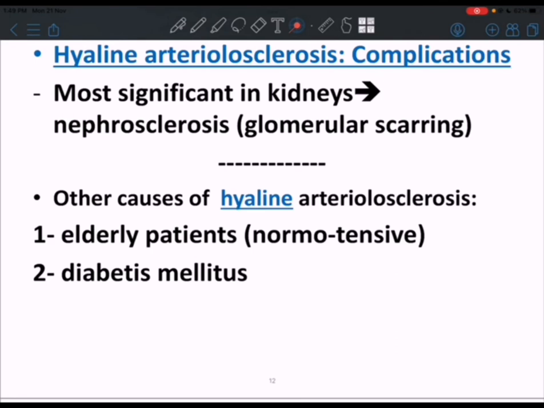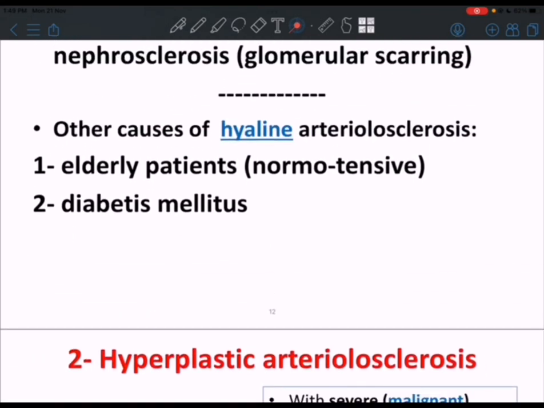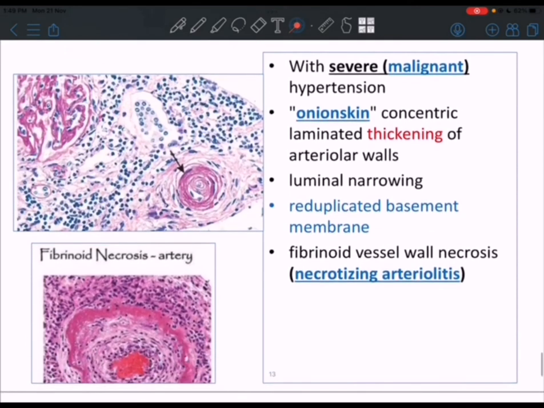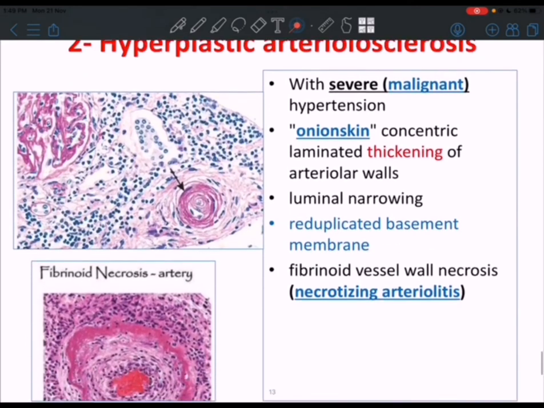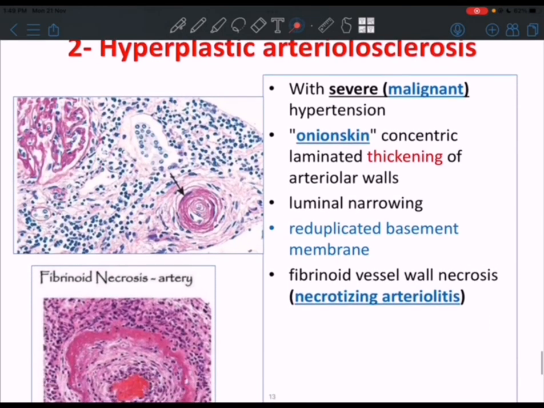Other causes of hyaline arteriolosclerosis as part of aging process, as we said, and diabetes mellitus. أي سؤال؟ The second form or pattern of arteriolosclerosis is called hyperplastic. This one is associated with malignant hypertension.